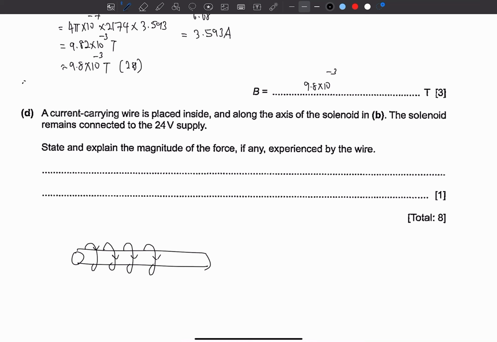Alright, if you were to use your right hand grip rule, the wire is turning towards you. It's coming over from the top, turning towards you, so your thumb should be pointing to the right side.